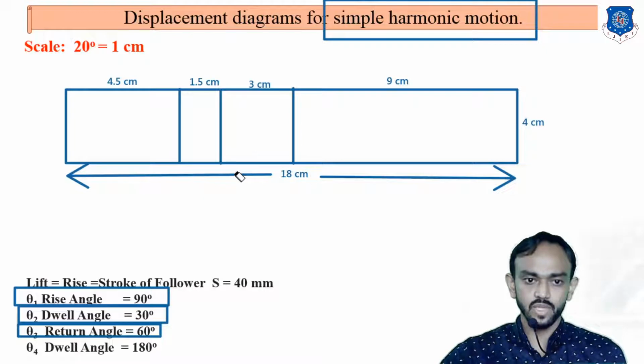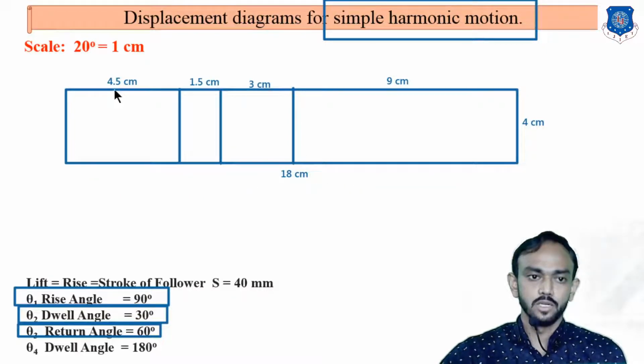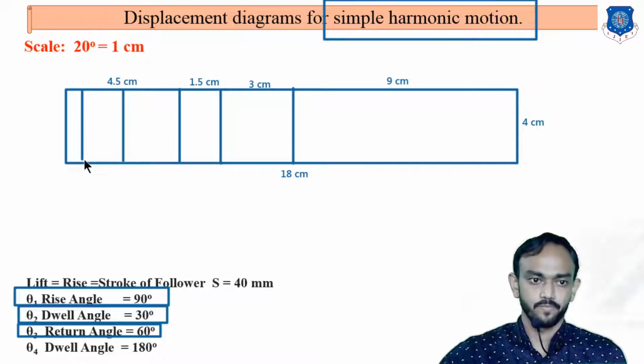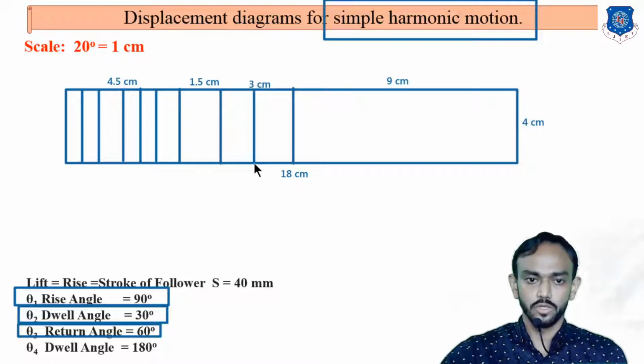So again I am going to divide this into 6. So 4.5 divided by 6. You can divide this 4.5 by 6 by some other method also, without using a calculator.